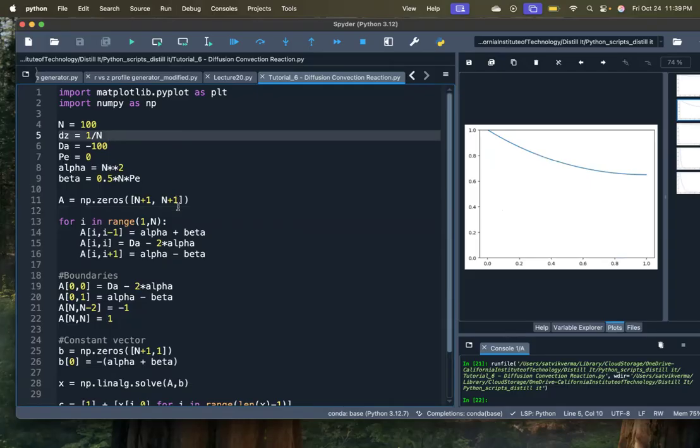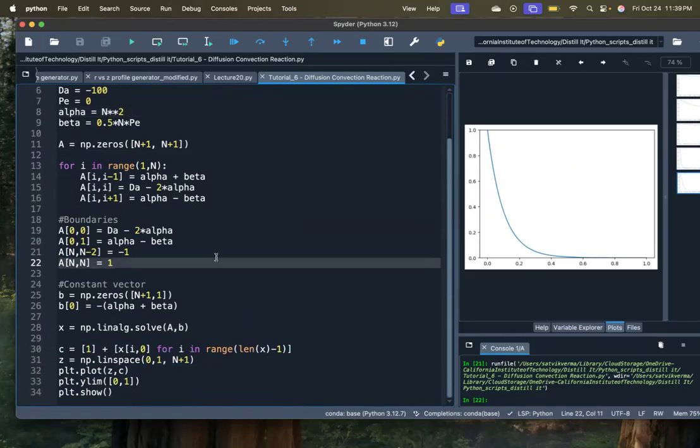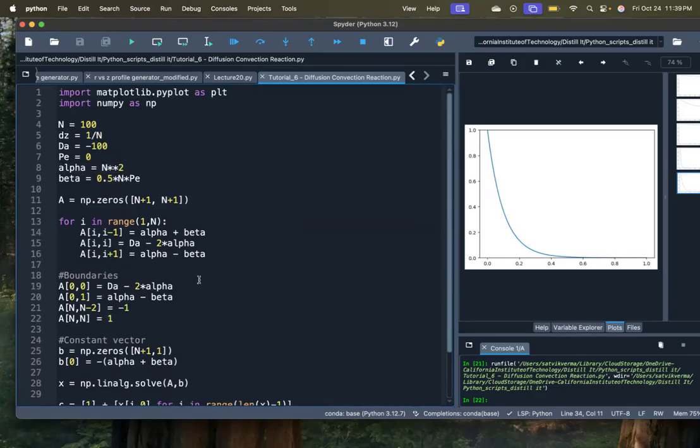So hopefully you will be able to do such problems yourself. I highly recommend looking at multiple second order ODEs that you come across in chemical engineering. If you already are in your third or fourth year and you have seen many such ODEs, you could go through those problems. You could see how you could code them in Python.